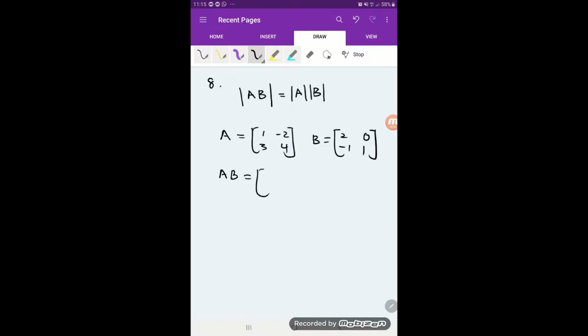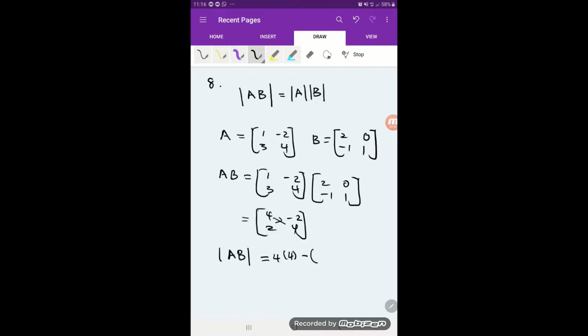You can find that this is matrix A times matrix B. So the answer is this, and then the determinant of matrix AB is equal to 4 times 4 minus negative 2 times 2.